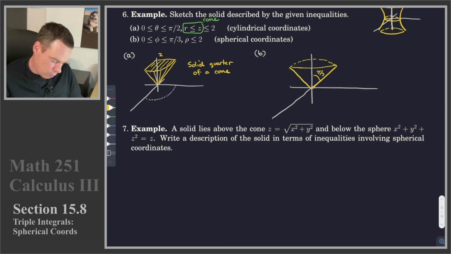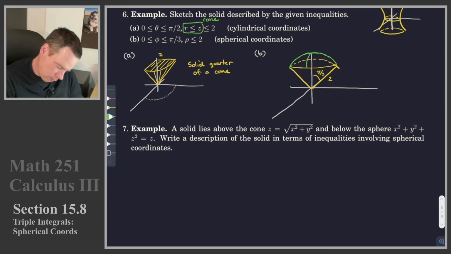And then rho is also allowed to sweep out all values from 0 out to 2. So we're going to go all the way out here to a distance of 2. But then also for the smaller phi values, we're allowed to go to a distance of 2. So we've actually got this spherical cap on here. A sphere of radius 2 sort of looks like this, but we're only interested in the upper cap.